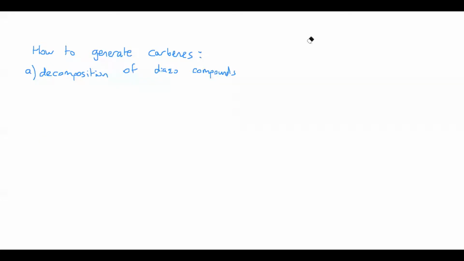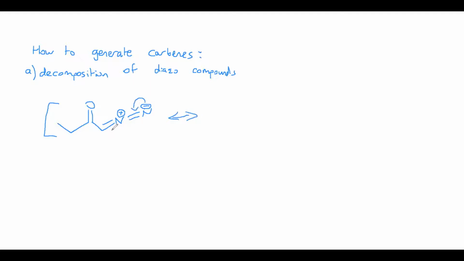So you may be given the following, where you are shown that you have a diazo compound and you may be asked to draw the resonance structure of that diazo compound.